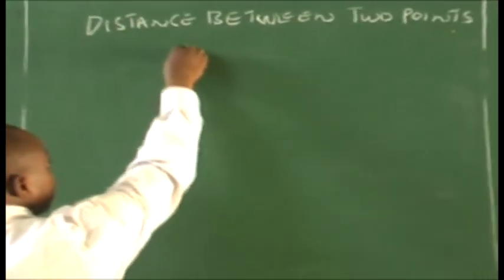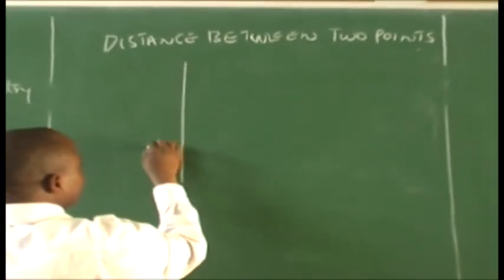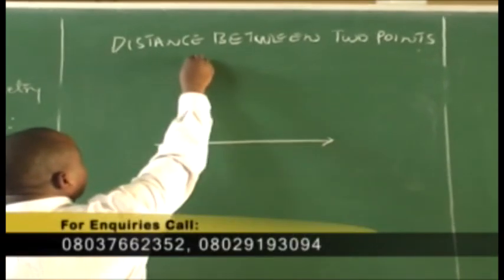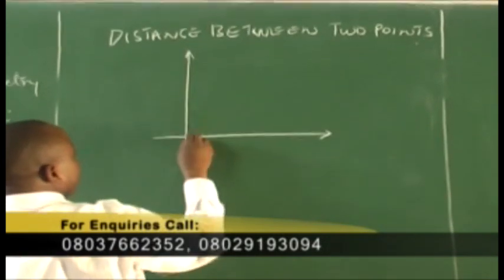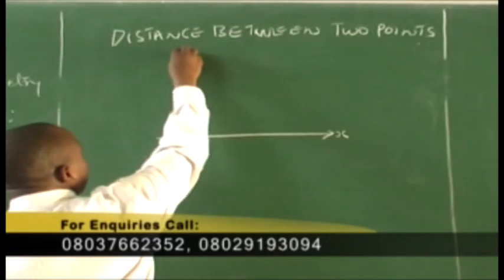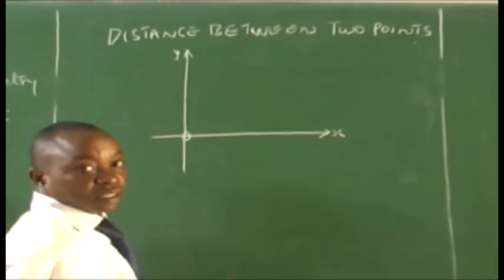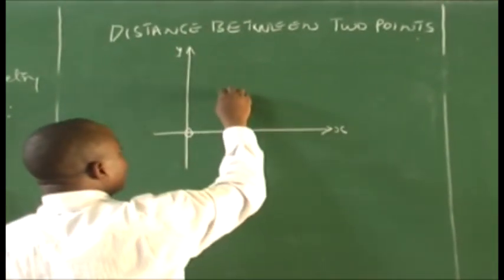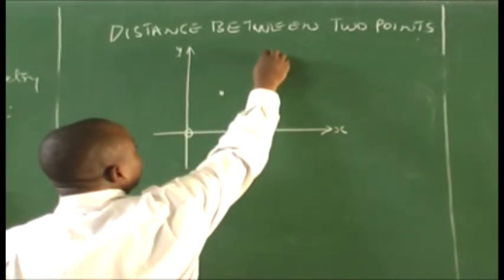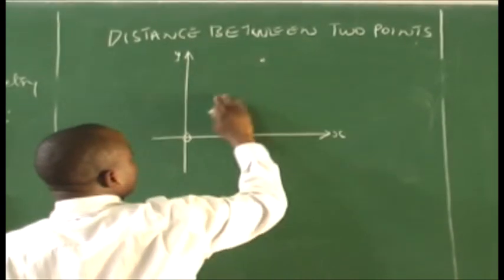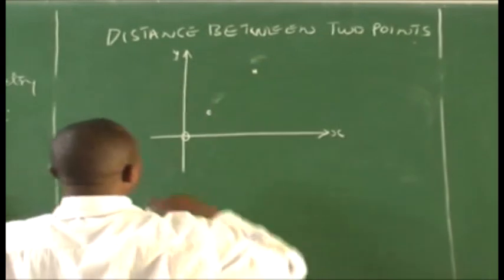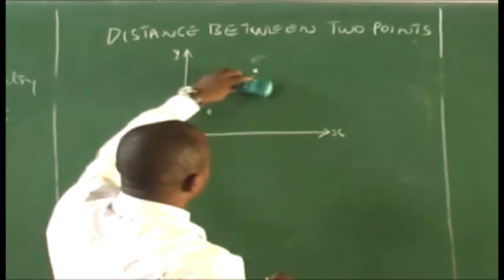Now consider this Cartesian coordinate plane, where you know that this is the x-axis and this is the y-axis. Now, if I have a point here, and I also have another point, say here, I have 2 points now.